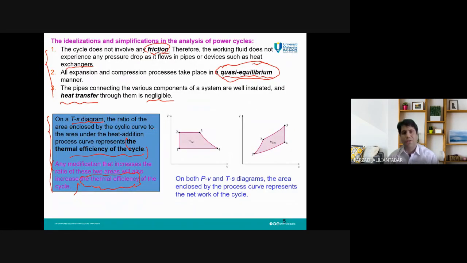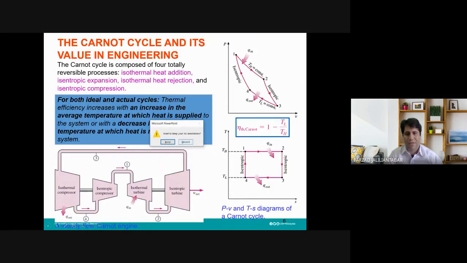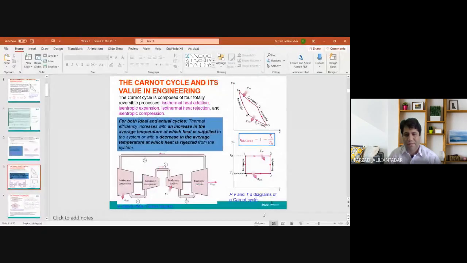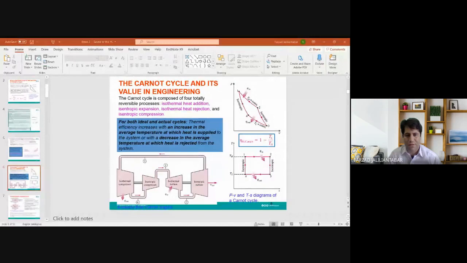And you need to know the maximum possible thermal efficiency for a cycle can be calculated by the Carnot cycle for heat engines. So by this slide we reach the end of this session.